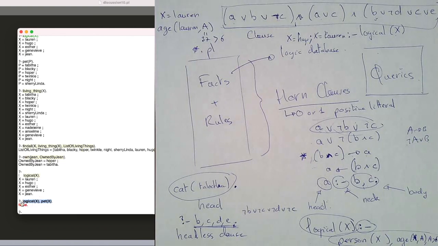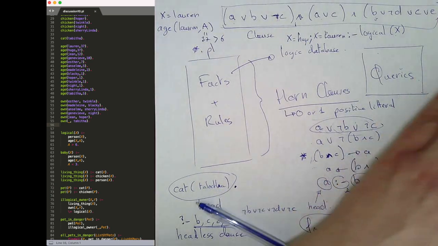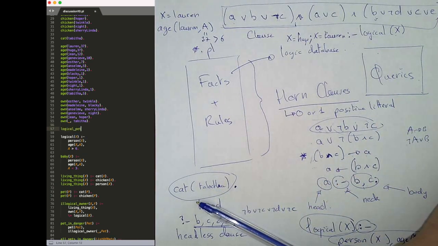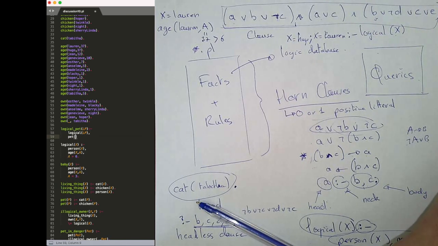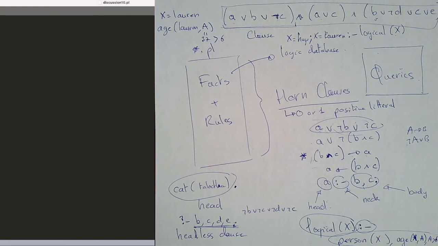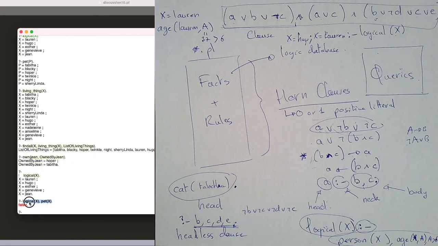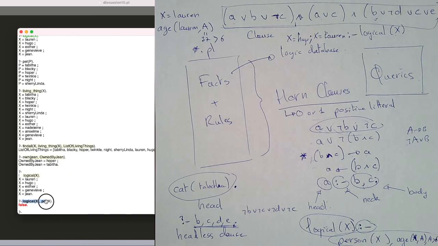And actually, doing this, or putting in a rule called logical pets, saying logical X and pet X, is exactly the same thing, right? If I write this rule in Prolog and then query logical pet here, it's the same thing as asking that here, because what I find here is in the body of my rule.